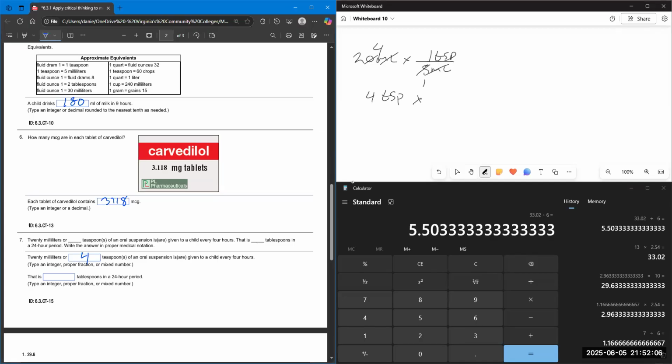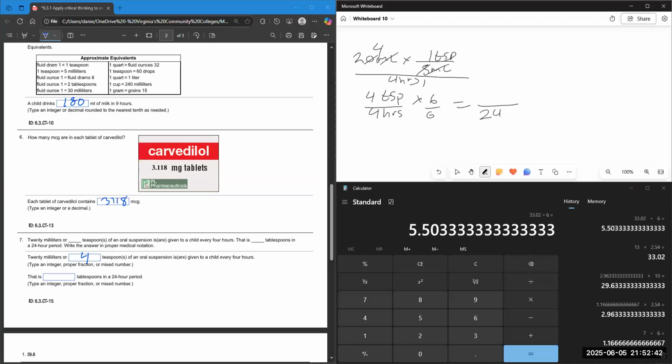Times, and this is every 4 hours. There's an abbreviation for that that we'll learn later when we learn to read prescriptions. We want to figure out how much is taken in a 24-hour period.